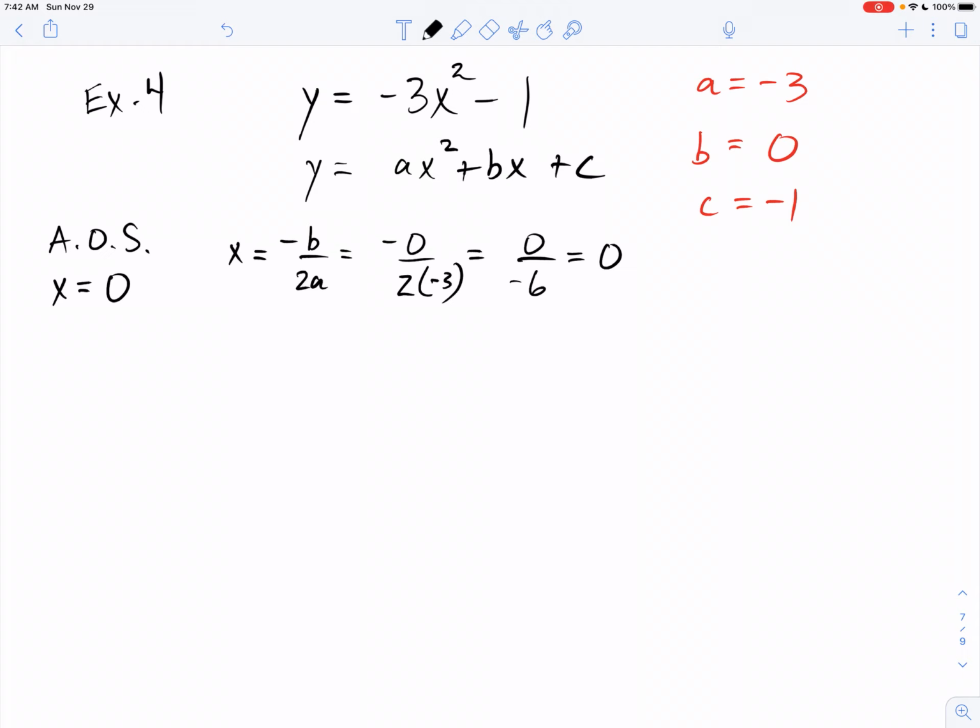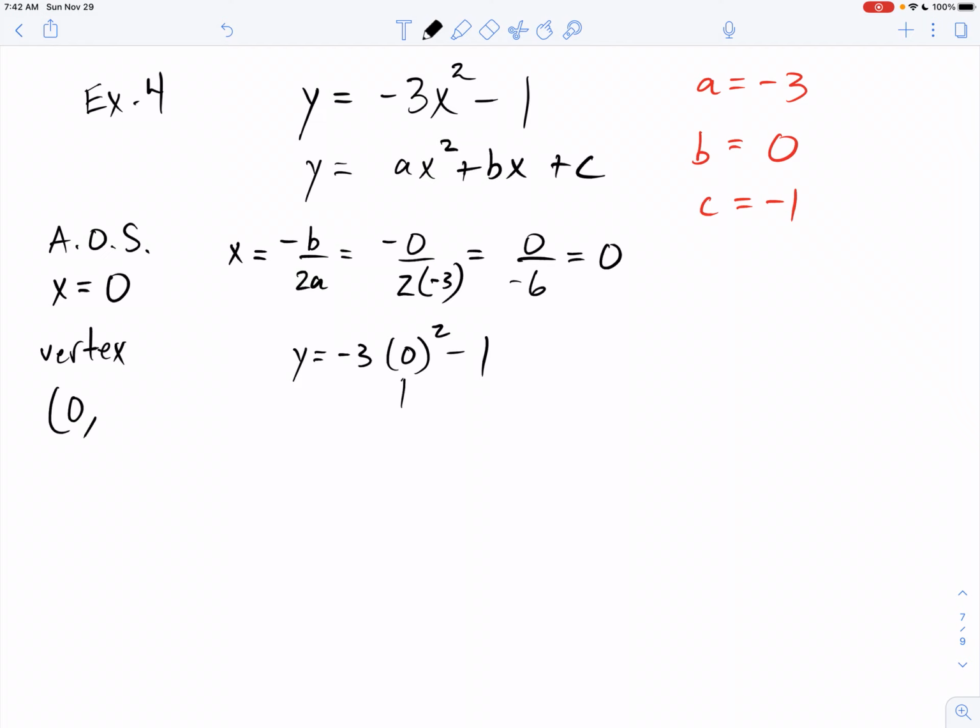So wait a minute. If I take the 0 that I just found, remember that's going to be part of my vertex. If I take that 0 and plug it back in, so y equals -3, I've got nothing squared minus 1.